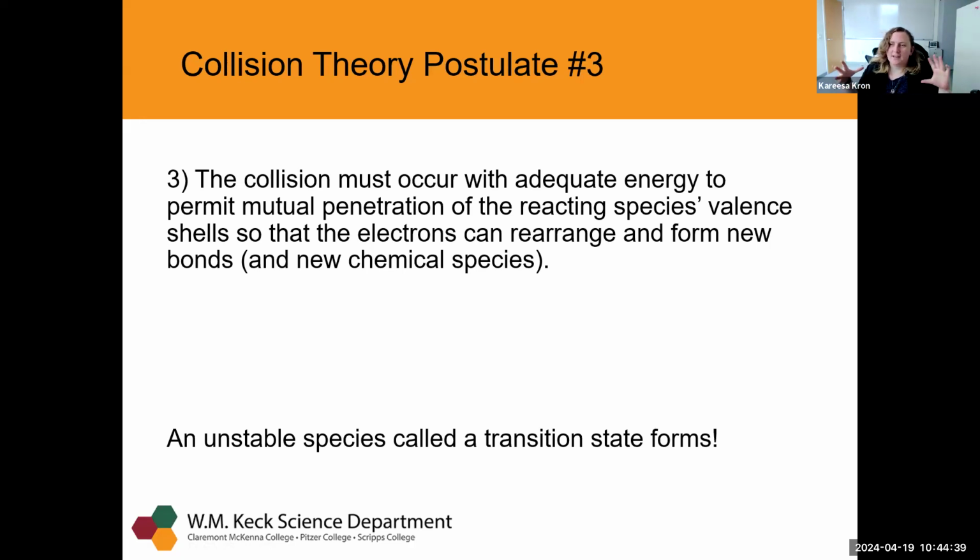When they're doing this unstable distribution of electrons and trying to form this new shape, they form an unstable species called a transition state. These transition states don't hang around for very long because they're just the transition between a reactant and a product, which happens because the collision happens with enough energy.